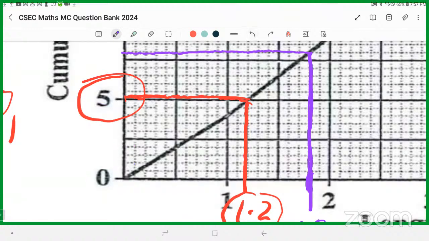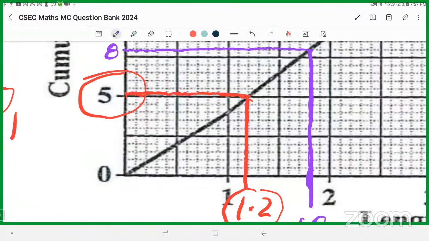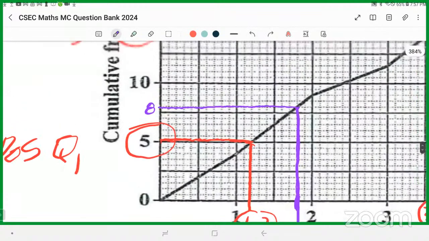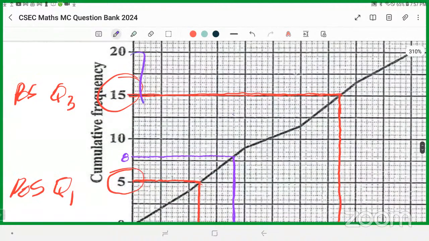All right, so we reach 5 right here, and every other line is 1. 5, 6, 7, so this is 8. So it's 8 fish less than 1.8. So it means that 12 are up here, more than 1.8.